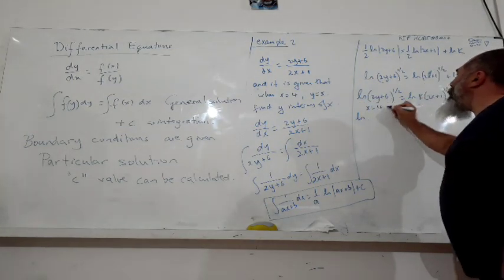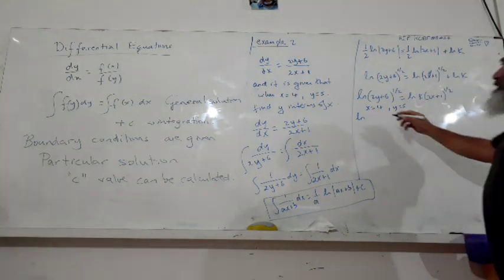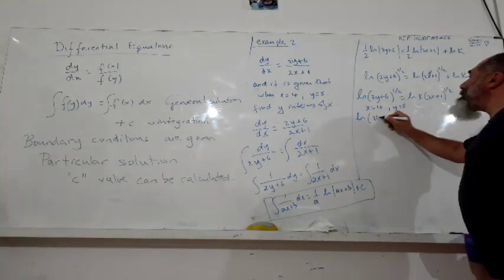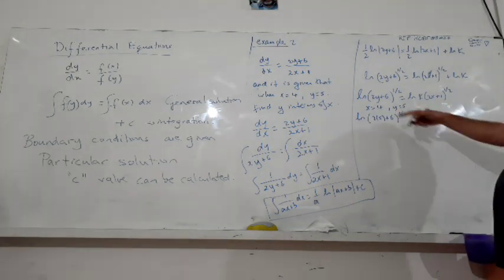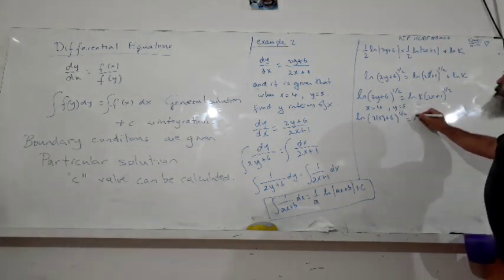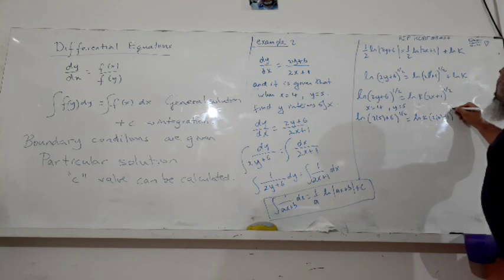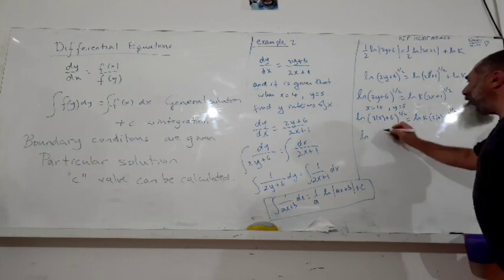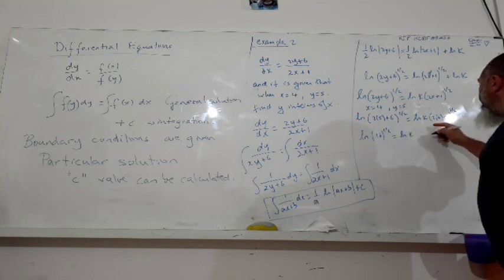ln of (2 times 5 plus 6) to the power of 1 over 2, the square root, is equal to ln of k times (2 times 4 plus 1) to the power of 1 over 2. ln of 16 to the power of 1 over 2 is equal to ln of k times 9 to the power of 1 over 2.